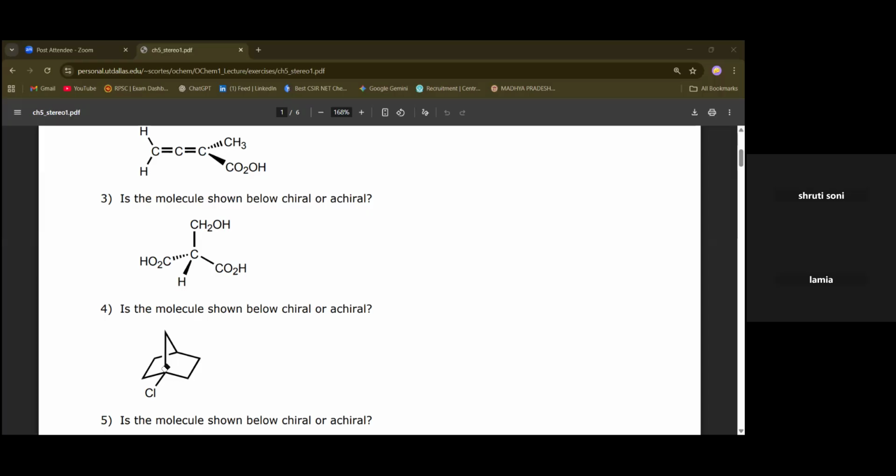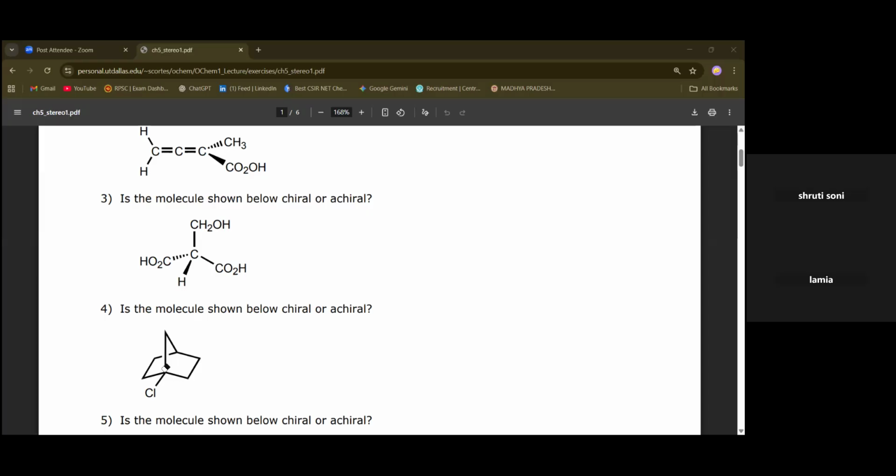In the fourth question, I don't know, let me see. First, you'll check whether the fourth has a chiral carbon or not. For question four, I don't know what carbon to look at, but I'm assuming it's achiral.